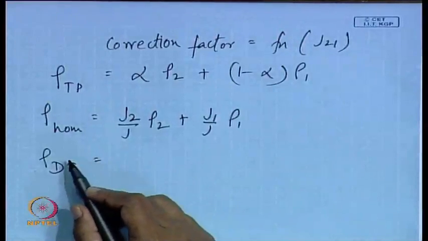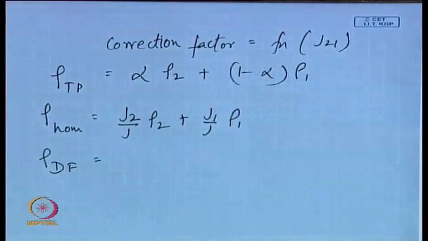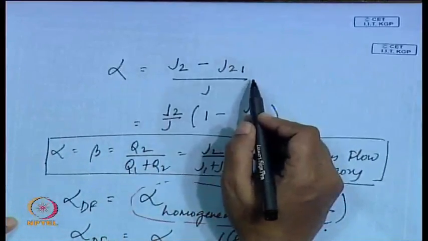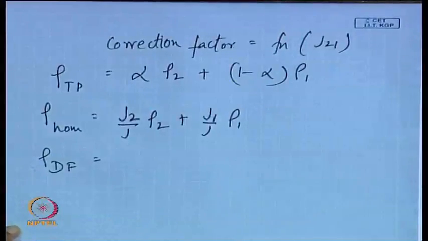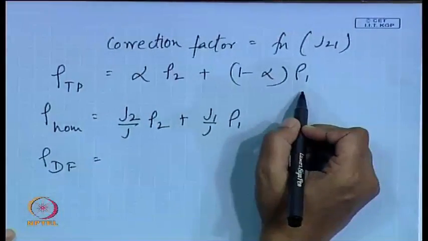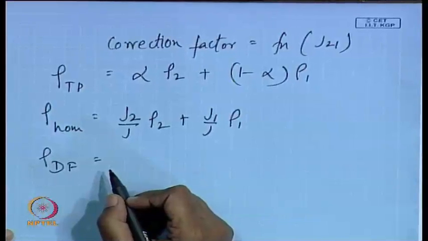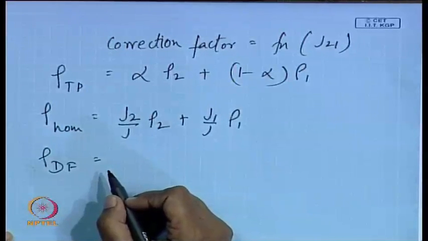From the drift flux model, we know alpha can be obtained from this particular expression. If we substitute this expression of alpha in the expression of rho TP, then we should get the corrected expression of the mixture density as obtained from the drift flux model. Agreed all of you?